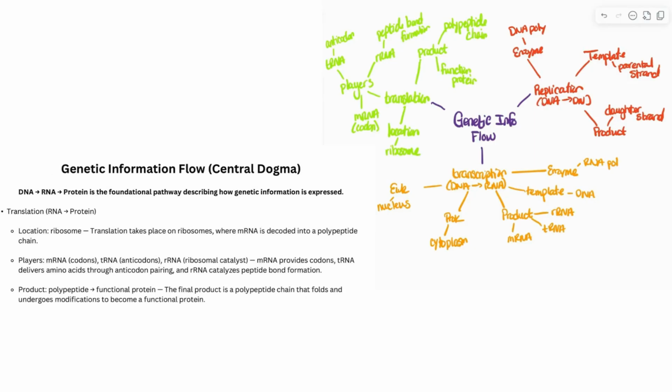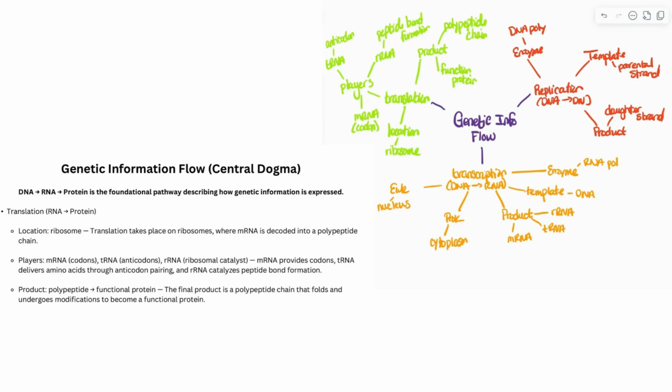We went over translation, and that's RNA to protein. So we have a location, it's the ribosome. The translation takes place on the ribosome, where messenger RNA is encoded into a polypeptide chain. The players involved are messenger RNA, transfer RNA, and rRNA.